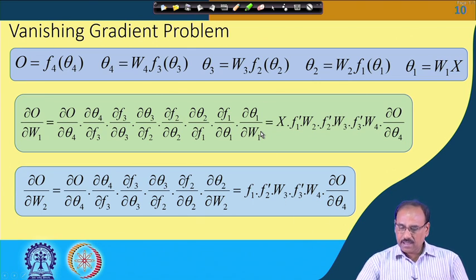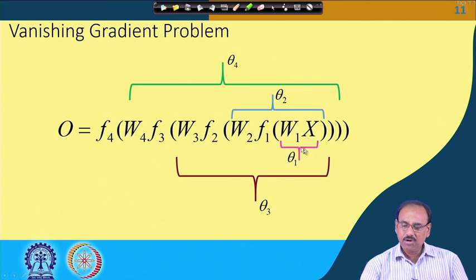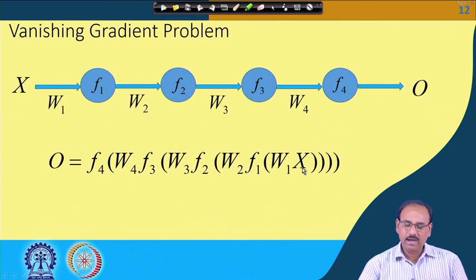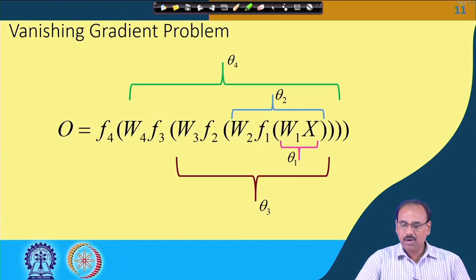So just by looking at this, you find that as you move towards the earlier layers for updating the weights, the number of terms in this product goes on increasing. The terms in the product are the W's of the subsequent layers and the derivatives of the activations of the nodes of the subsequent layers. And that is what you get over here.